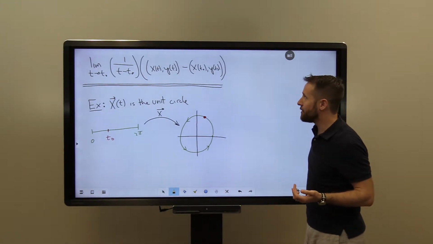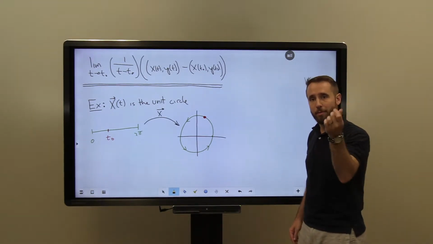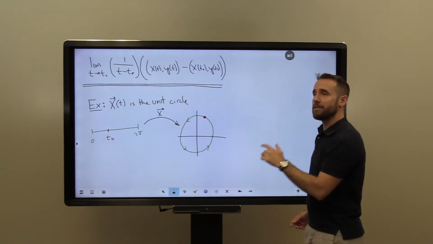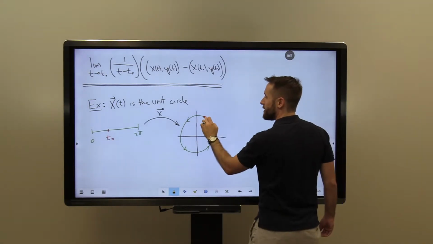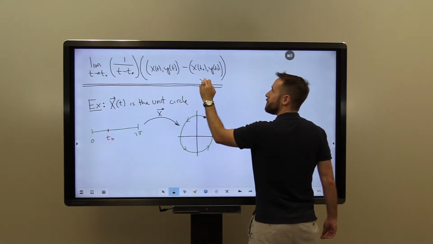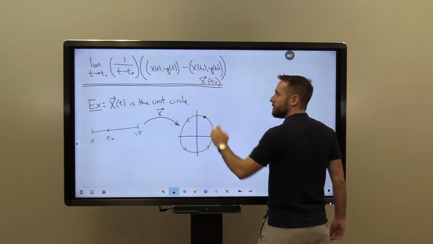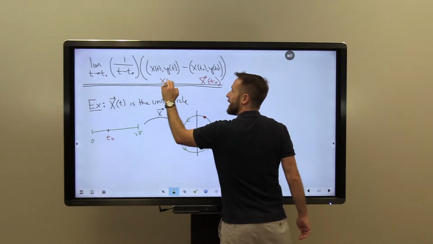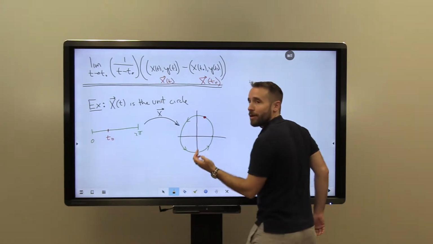Similarly, I can choose other points, other t values, to construct this displacement vector. So this is the point x of t naught, denoted by this point right here. And similarly, I can calculate an x of t for a given t value.